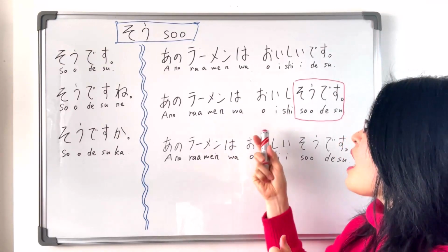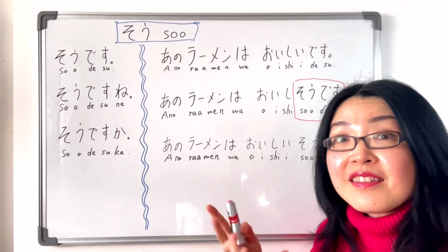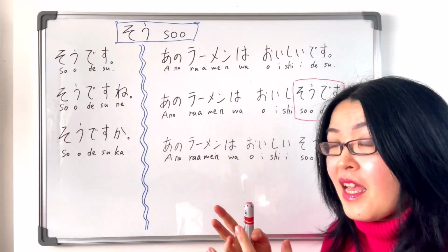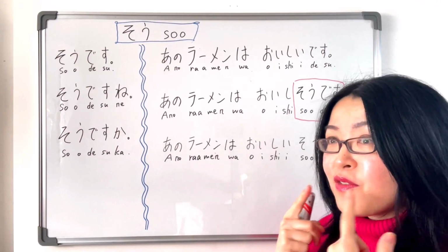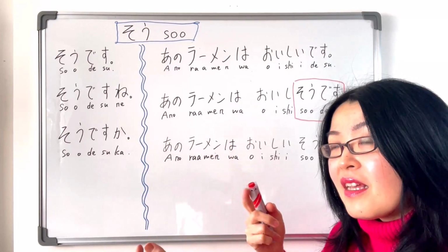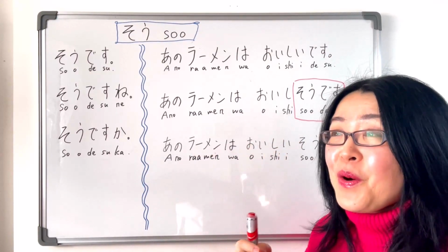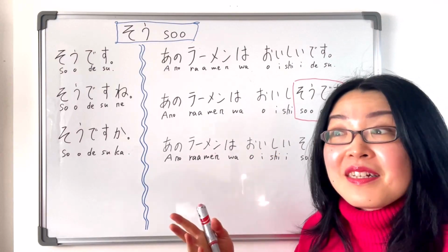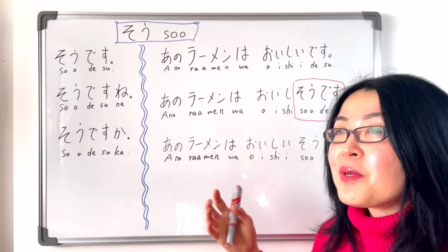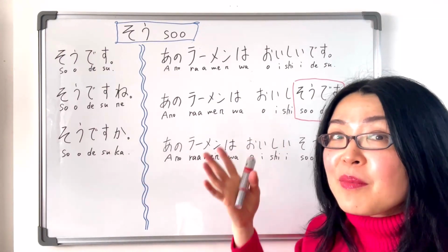あのラーメンは美味しそうです. You haven't tasted it yet, right? So you don't know exactly whether that ramen is tasty or not. But maybe it looks delicious or it smells delicious, because lots of people are talking about it and ordering that ramen.